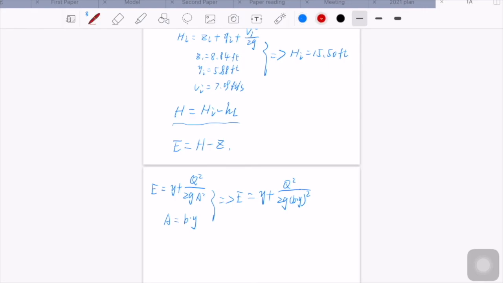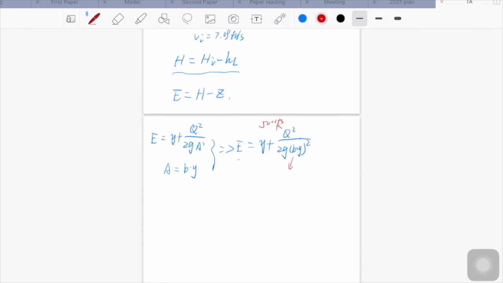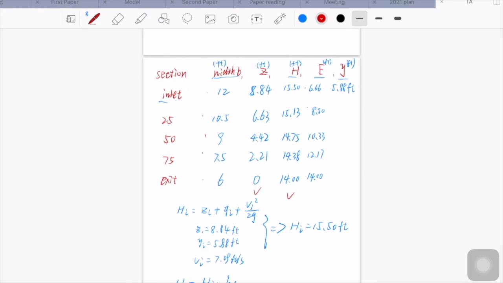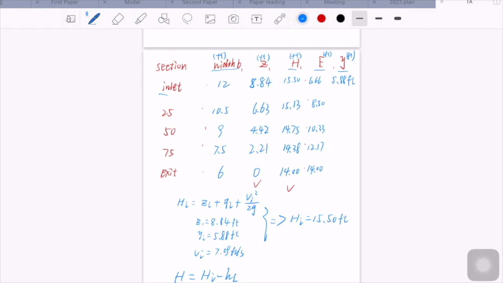Since we know the Q, the problem gave us the value 500 cubic feet per second, and we also know the B at each section, and we also know the E at each section, so we can determine the Y. So the values are 5.88 feet we calculated before, and for the exit it's 13.4 feet we also determined before.